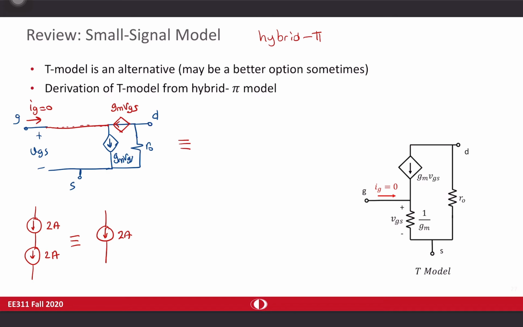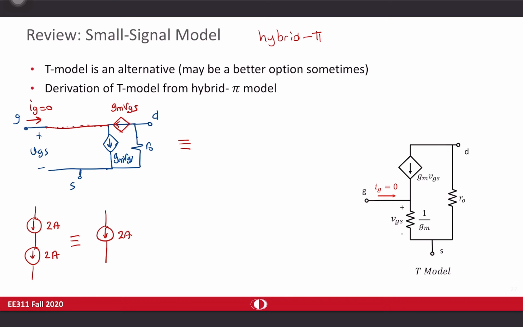When you take a look at this potential, we have VGS. And look at the current source passing through here. It has a magnitude of GM VGS. So I can replace this current source with 1 over GM impedance or resistance. And this is not going to change anything mathematically again.